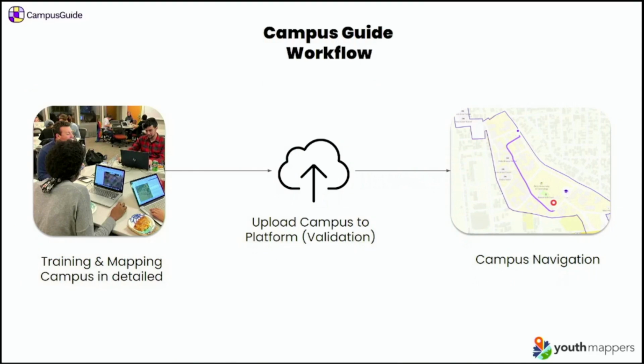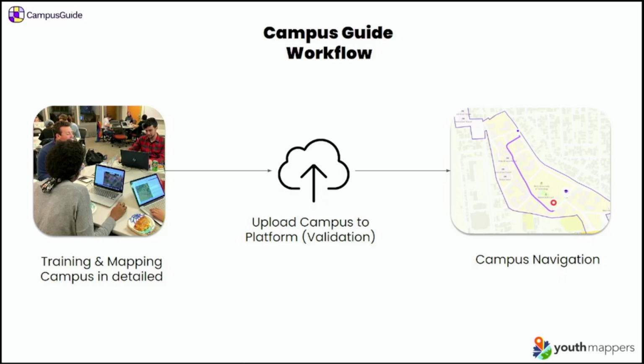The workflow is basically training and mapping campus in detail. That is the main work: to train YouthMappers members or university students on how they can contribute to OSM, and how they can use the right OSM tags to tag different features they can see within their university.